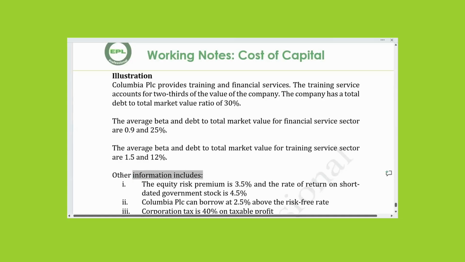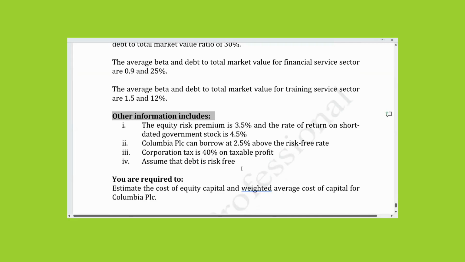Other information includes the equity risk premium is 3.5% and the rate of return on short-dated government stock is 4.5%. Columbia PLC can borrow at 2.5% above the risk-free rate. Corporation tax is 40% on taxable profit. Assume that debt is risk-free. You are required to estimate the cost of equity capital and weighted average cost of capital for Columbia PLC.